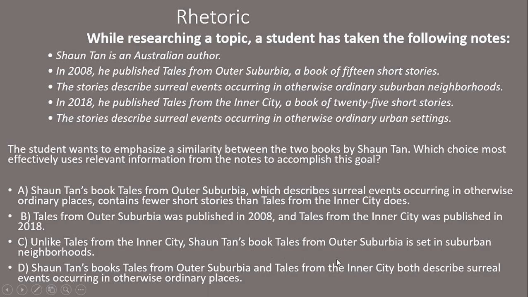I can see option D with the word both. Both means two of them. And then both what? Xuan Tan's books, Tales from Outer Suburbia and Tales from the Inner City, both describe soiree events occurring in otherwise ordinary places.